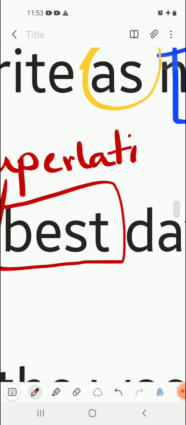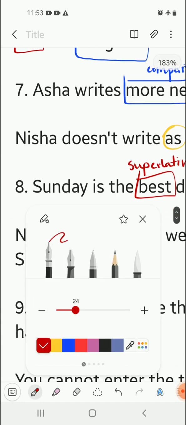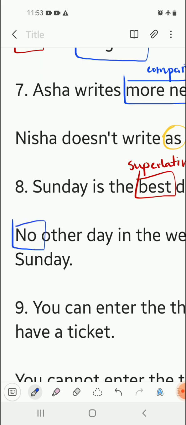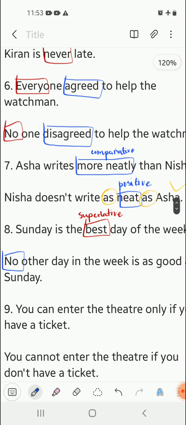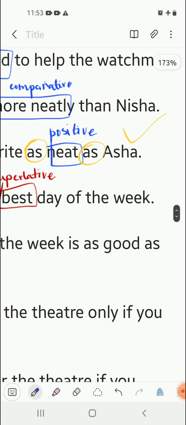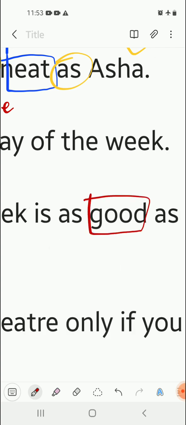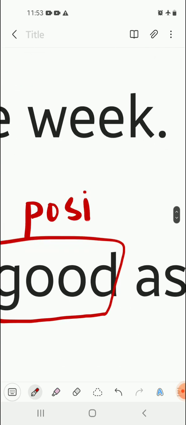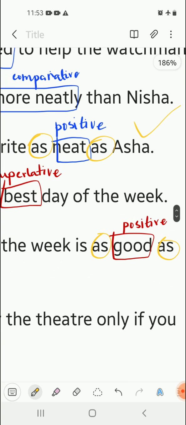Whenever a superlative word is changed, we have to start with no. Always remember, whenever the superlative degree is used, the sentence begins with no. So no other day in the week is as good as. Here the positive degree of best, good, is being used. And therefore, as the positive is used, there will be two as's on both sides of it, just like the previous one, here and here. The same.